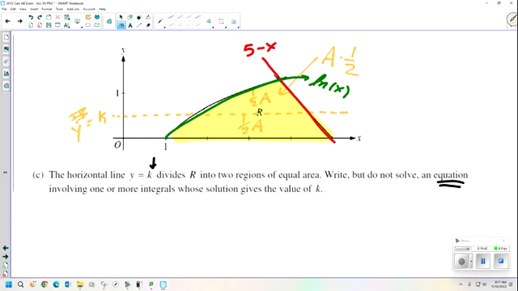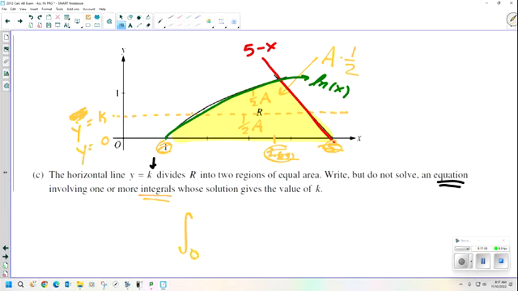This is y equals k. How do I explain this? I need an integral. But notice, horizontal line, my bounds are not going to be from 1 to 5, or 1 to 3.69. Those are not my bounds anymore. It's not vertical, it's horizontal. My lower bound can be y equals 0.